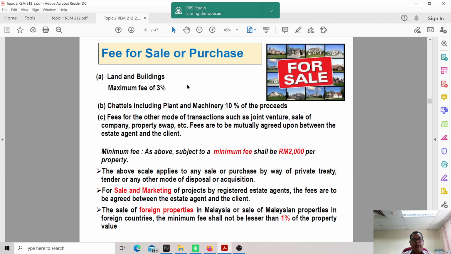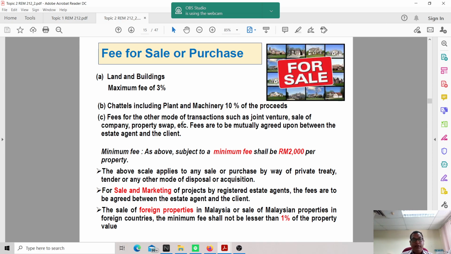Other than that is the chattel, including plant and machinery, at 10% of the proceeds. So 10% is for plant and machinery, whereby the transaction is much more complicated and difficult and involves machines, usually items of a factory, which have a very big value, and the potential buyers are not as many as for land and building, for houses, for commercial properties.